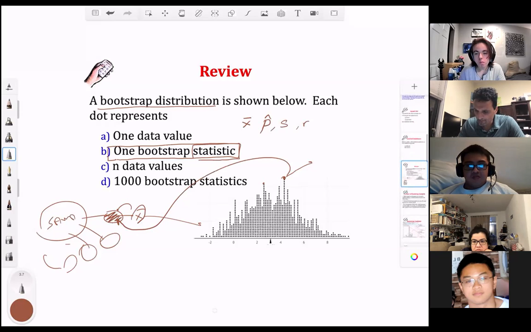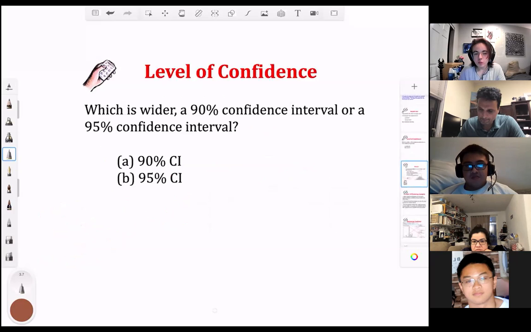Let's have another example. Which is wider, a 90% confidence interval or a 95% confidence interval?